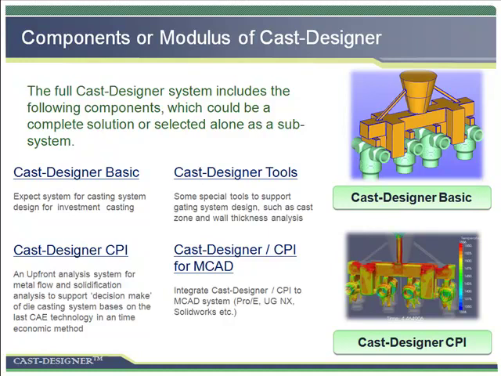The second one is Cast-Designer CPI, an upfront analysis system for metal flow and solidification analysis to support decision-making of the casting system, based on the latest CAE technology and a time-economic method. The third one is Cast-Designer Tools. Some special tools to support casting system design, such as cast zone and wall thickness analysis, are optional.